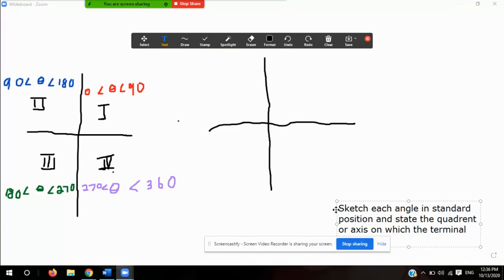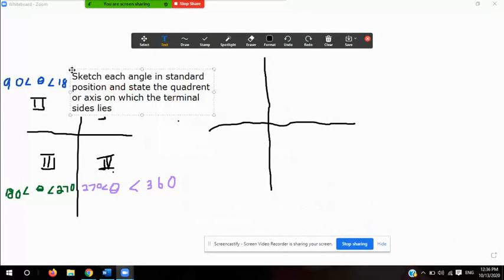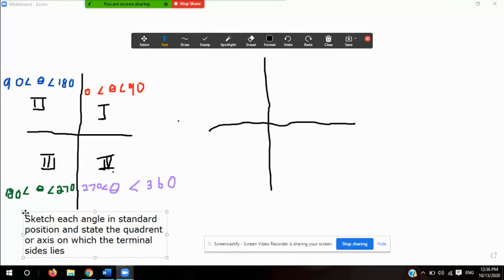Okay, let's see if I can move that here. Yeah, there you go. Perfect. So example number 1 says, sketch each angle in standard position and state the quadrant or axis on which the terminal side lies. Now, the two angles that are given to us in example 1 are negative 90 and 210 degrees. So let me write that down.